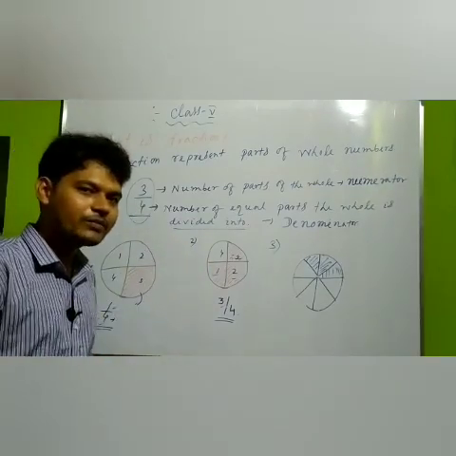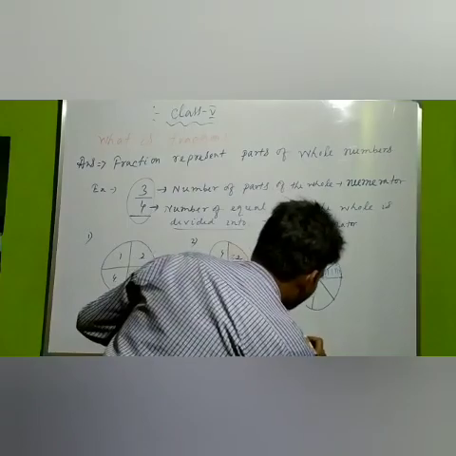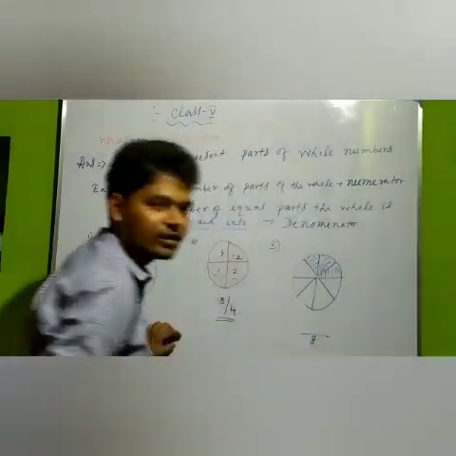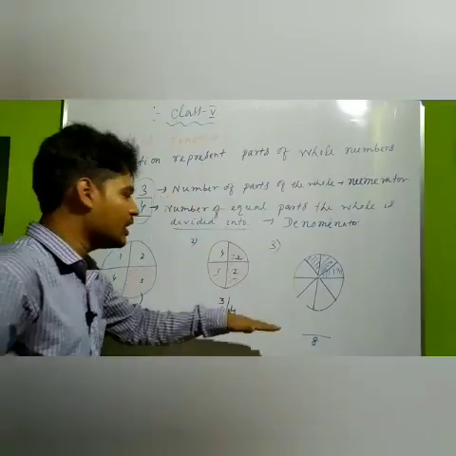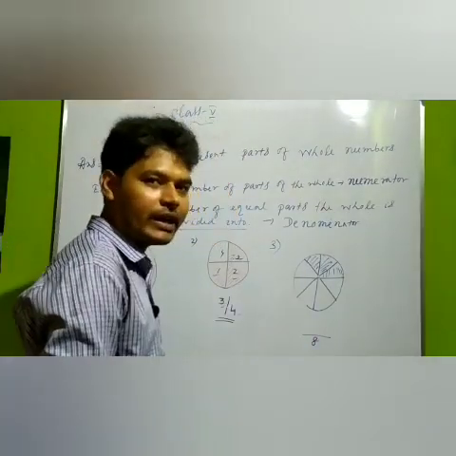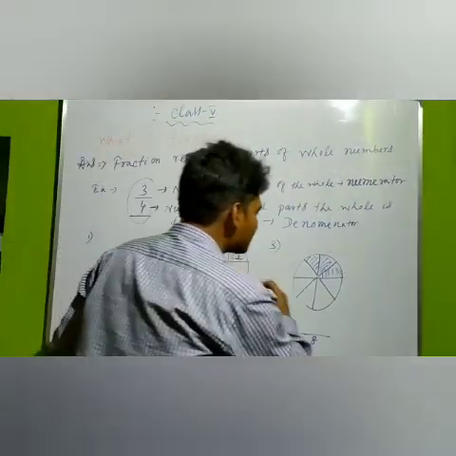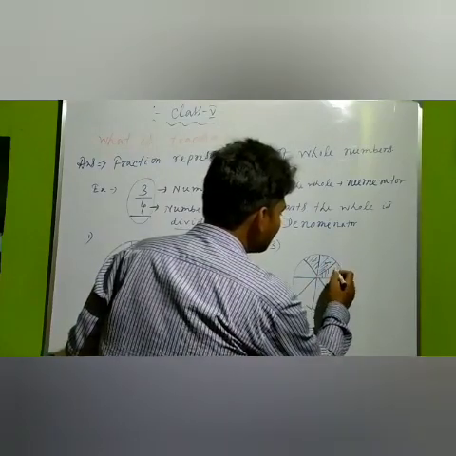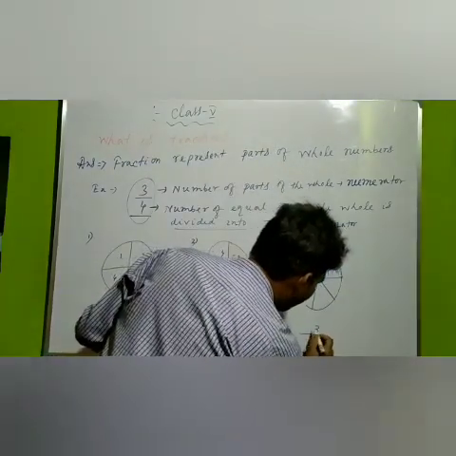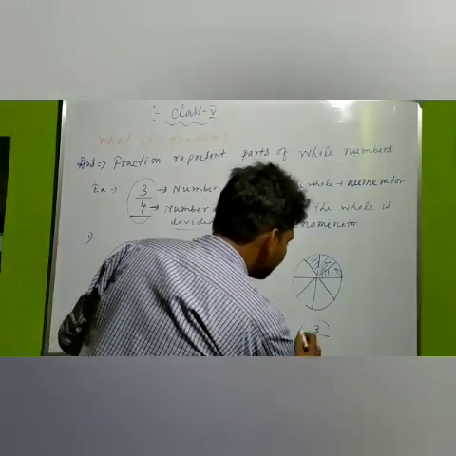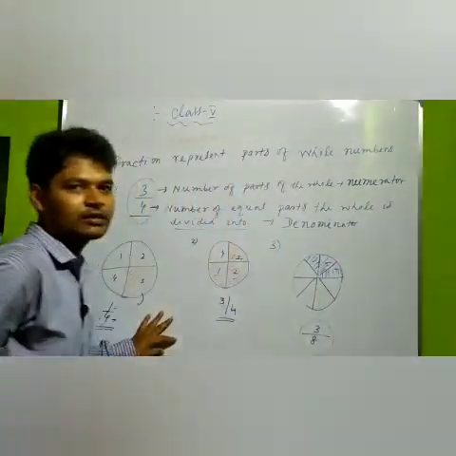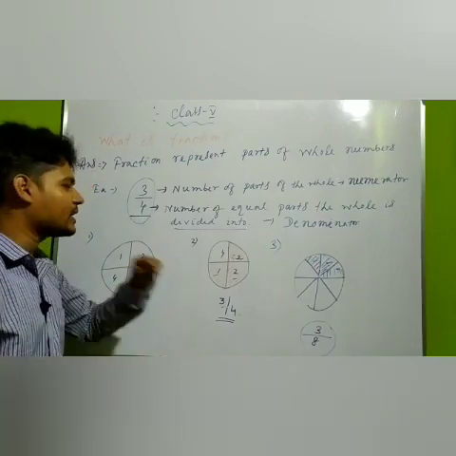Just imagine. At first you write down 8, because we divided this cake into 8 equal parts, so in the lower portion you write down 8, and out of this 8 you have taken 1, 2 and 3, so you write down this 3, and that represents the fraction.